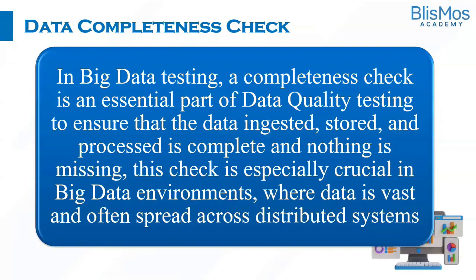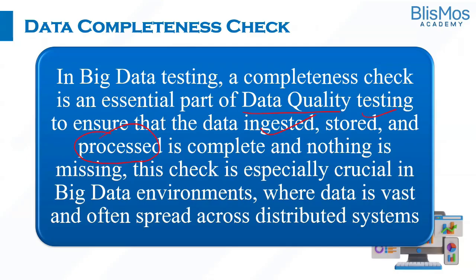We are trying to understand big data testing. Completeness check is a very important dimension of data quality. As a part of the completeness check, we will ensure that the data which is ingested, stored, and processed is complete and nothing is missing which was supposed to be there in the table of a database or in a file.